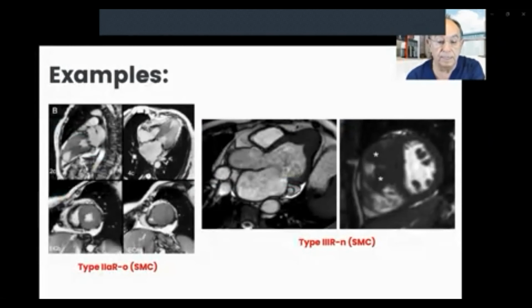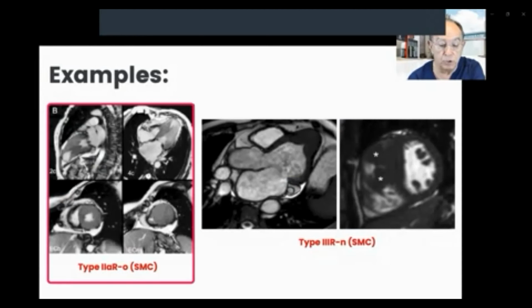Finally, I have two examples for this. The first example is a patient with hypertrophic myocardiopathy in the medial and basal segments, but with an aneurysm, and this is type 2, medioventricular with aneurysm. The right ventricle is involved, and it is obstructive because there is obstruction in the outflow tract.